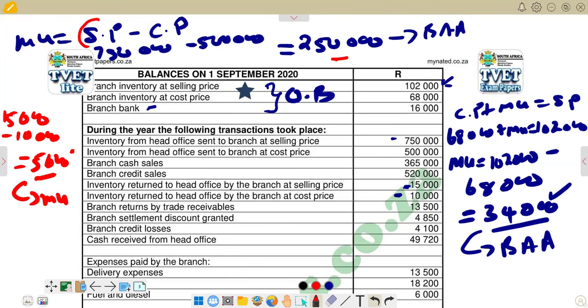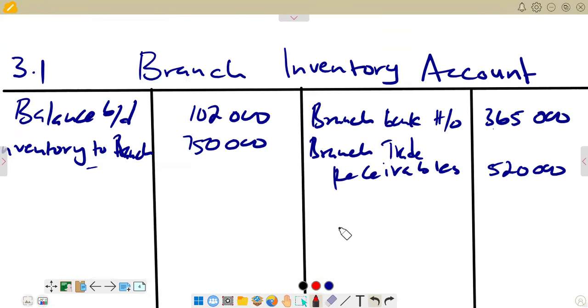So we come here. We do the first entry whereby we are crediting the branch inventory account. Let's say inventory to branch, at selling price, which is now 15,000.